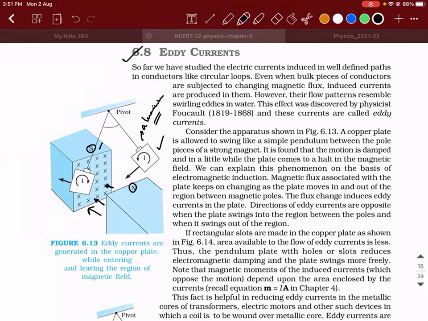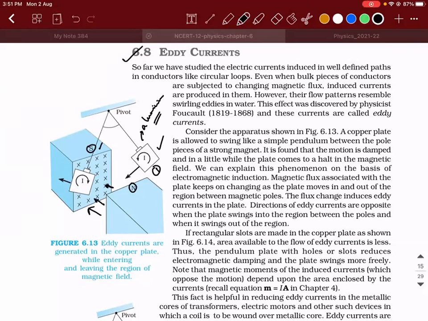Initially, when it is at position number 1, is there any flux linked to this sheet? No, sir. So as soon as it enters the magnetic field, what is happening to the flux? Initially the flux is 0. As it is entering the magnetic field, the flux is going to increase.